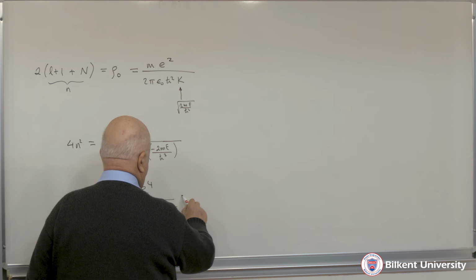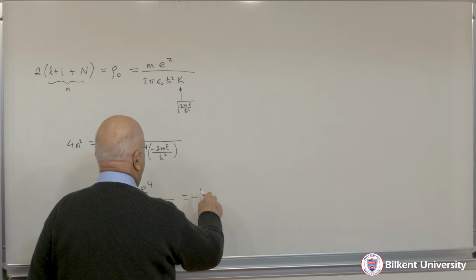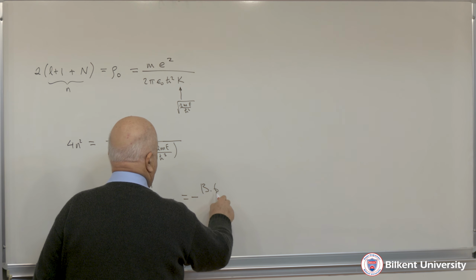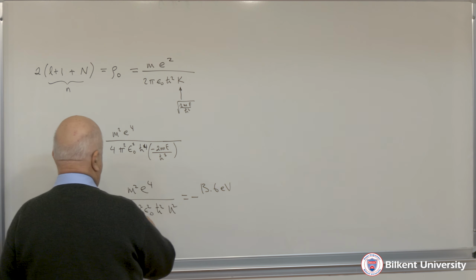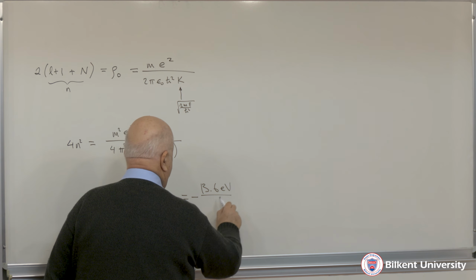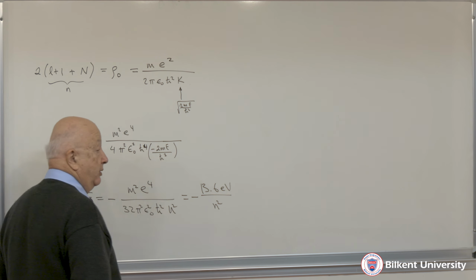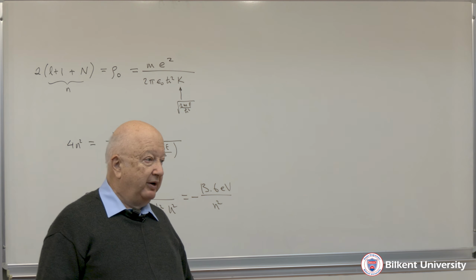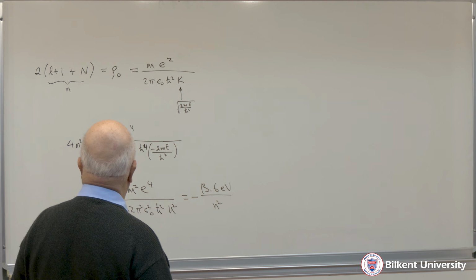And last time I told you that if you calculate what this gives, you get 13.6 electron volts, which has units of energy, divided by n squared. So that's where we were last time.